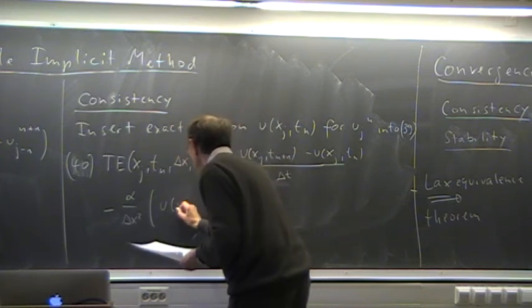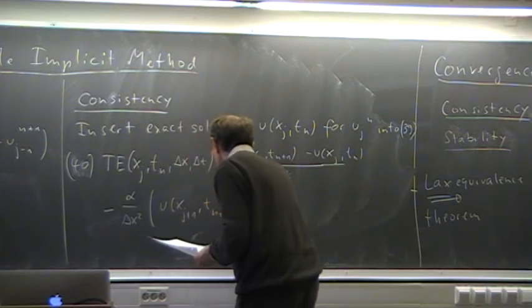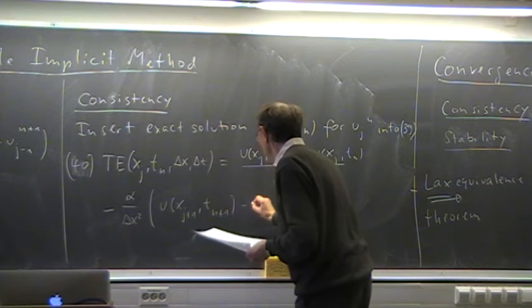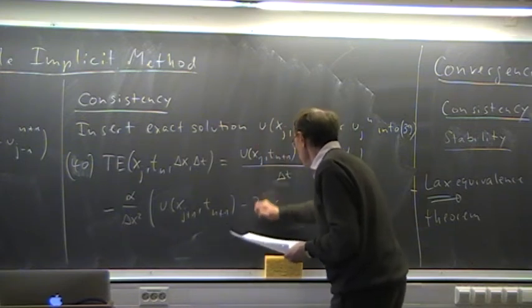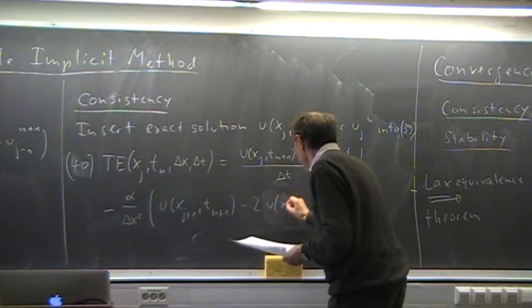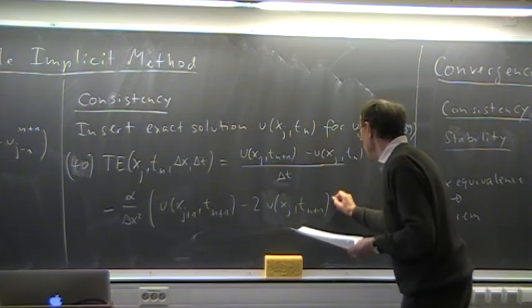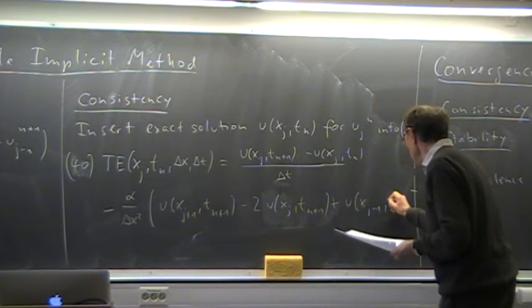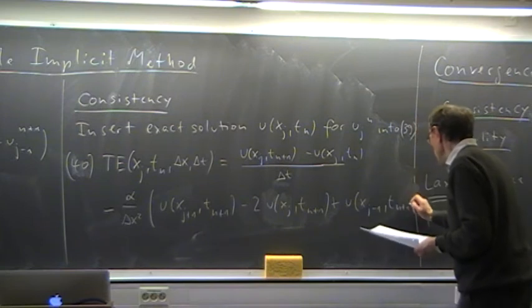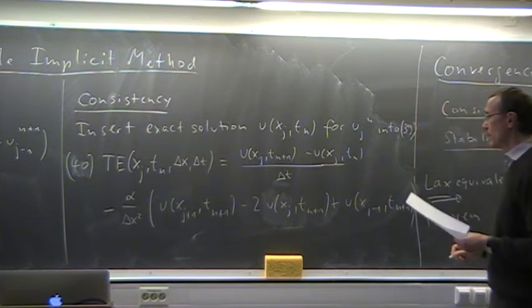That is the grid point in that case xj plus 1 and the time level tn plus 1, minus 2 times grid point xj and time level tn plus 1. Then the u of xj minus 1, time level tn plus 1. And that is it.